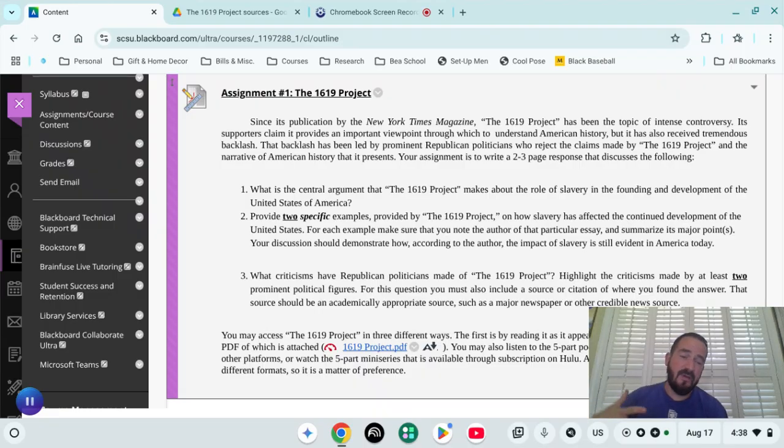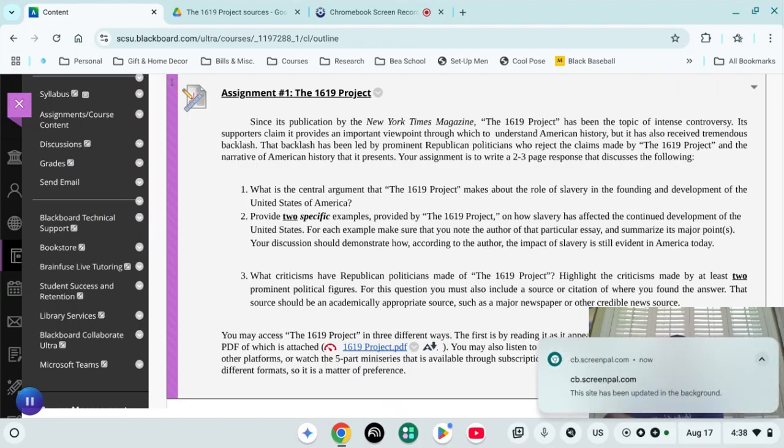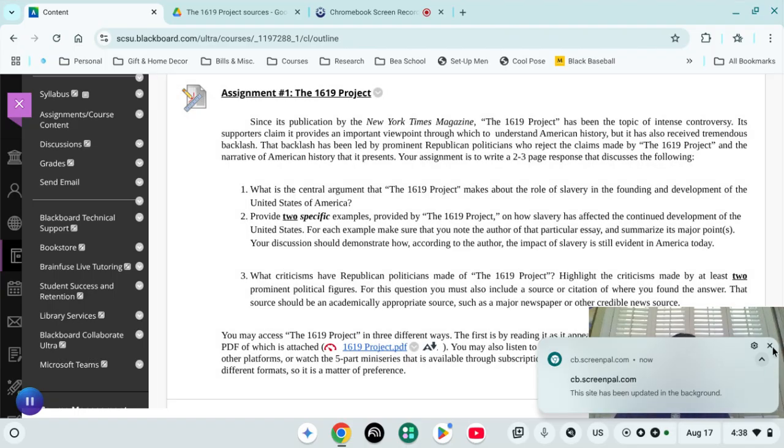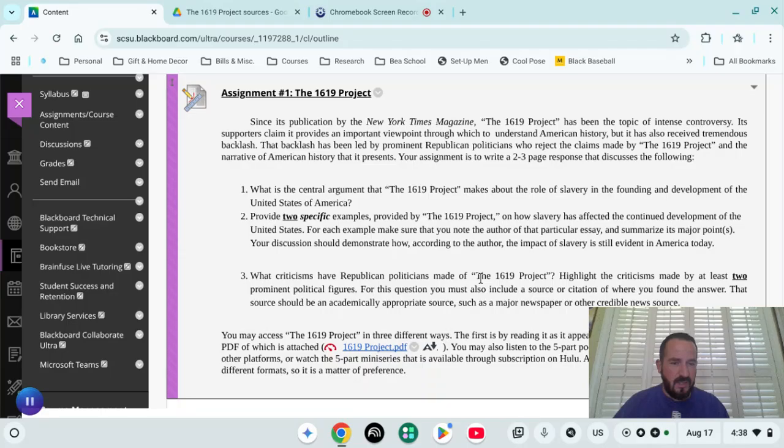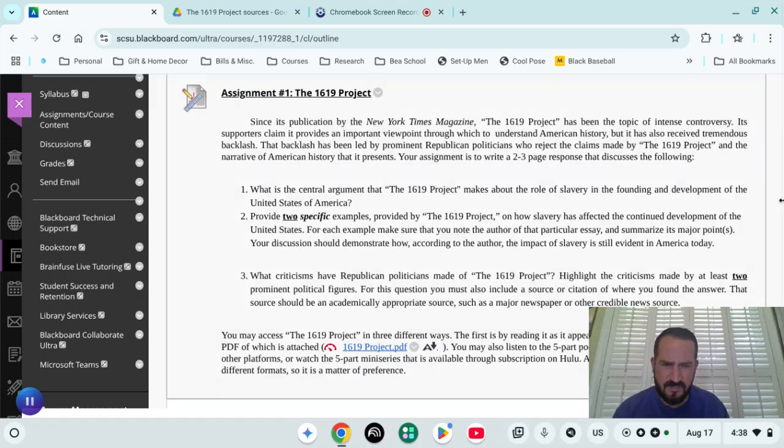It has to be from someplace credible, where we can be sure that the information that you will be provided with is good, legitimate, fact-checked information. And if you have any questions on whether the source you are using is credible and is appropriate, just ask me in an email and I'll let you know.